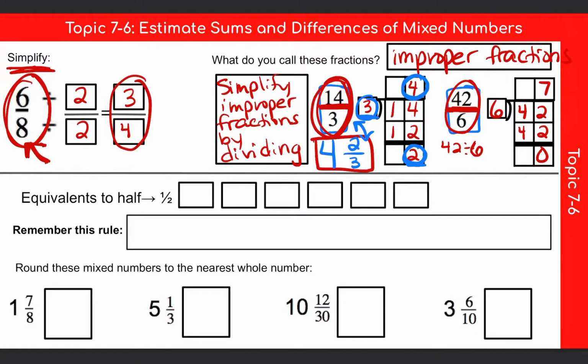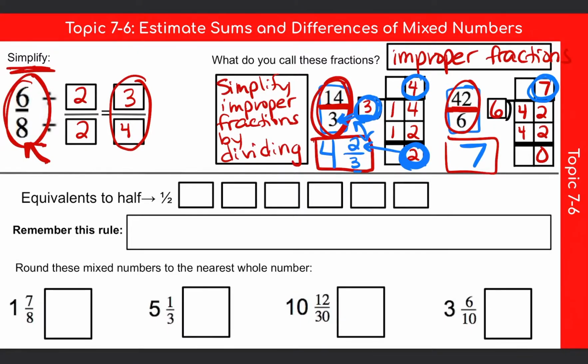So the answer to this problem, 42/6, simplified, is literally just 7 wholes. If it has no remainder, it's just whatever you get up here. If it does have a remainder, the remainder is your numerator, and whatever your original denominator is stays the same. So this is 4 2/3.